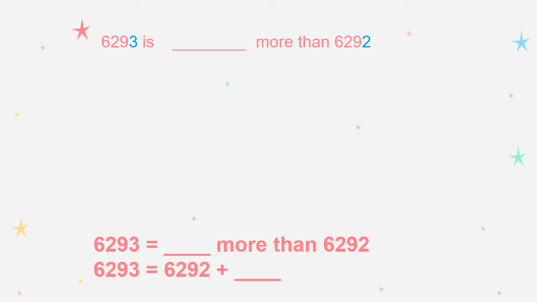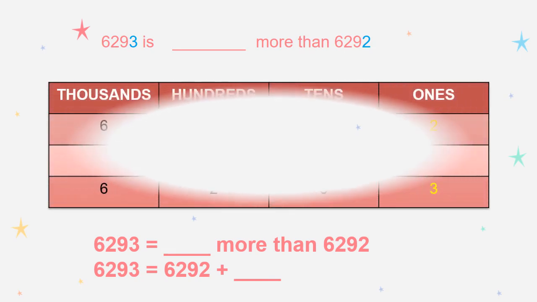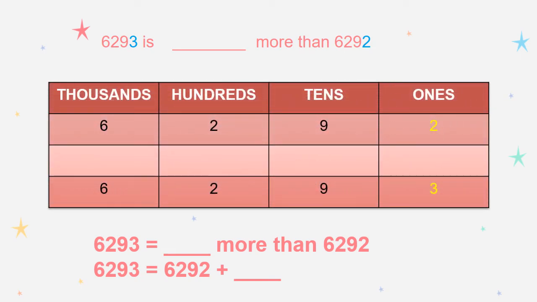Plus how many? Look at the table first. Miss writes like this. We have the first number 6,292. We plus with what to become 6,293? Look at the yellow number only. Why? Because the thousands place is already the same, 6. The hundreds place is also the same, 2.